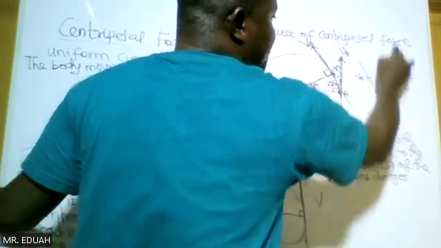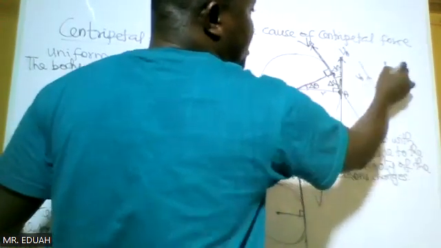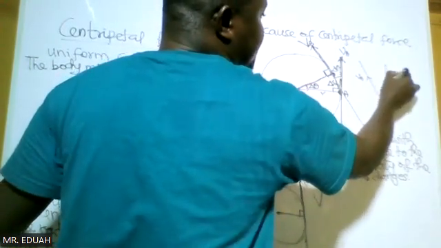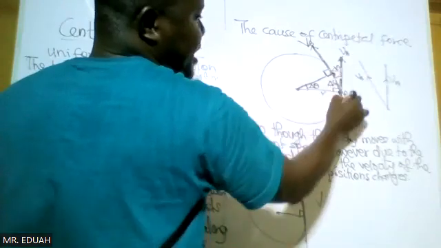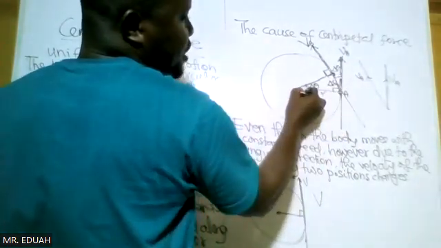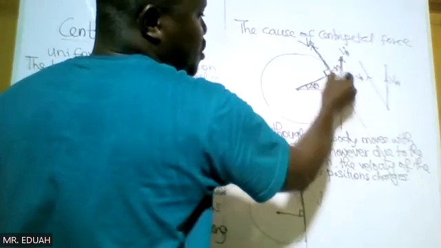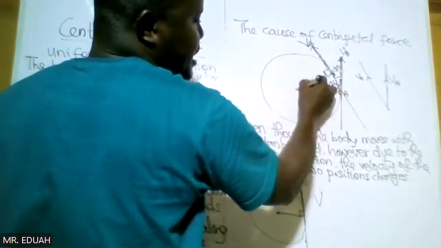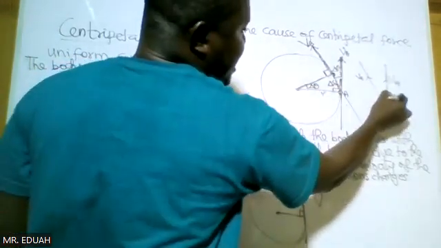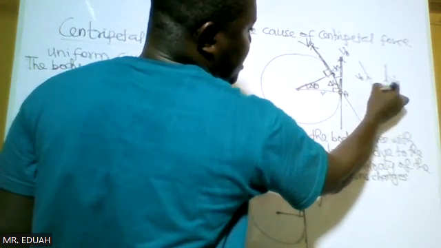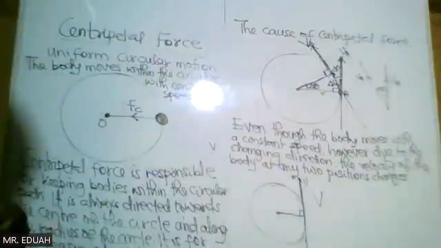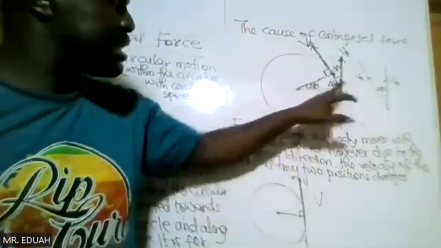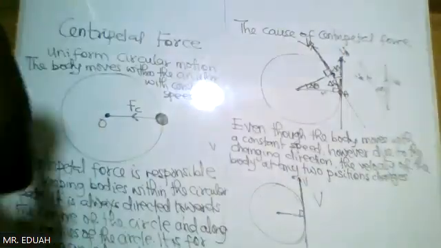We also have VA in this direction. Because VA is perpendicular to the radius and VB is also perpendicular to this radius, the angular displacement is the same as the angle between the velocities VA and VB. So if this is delta theta, this is also delta theta.